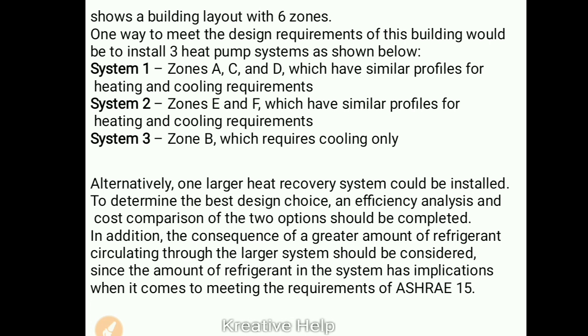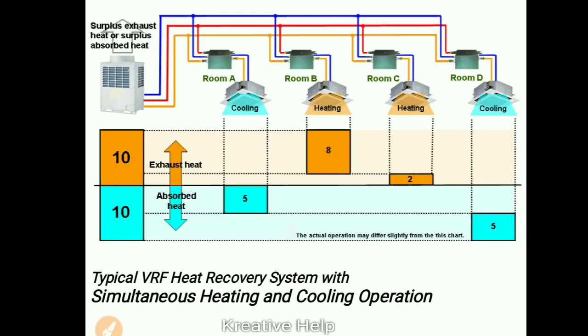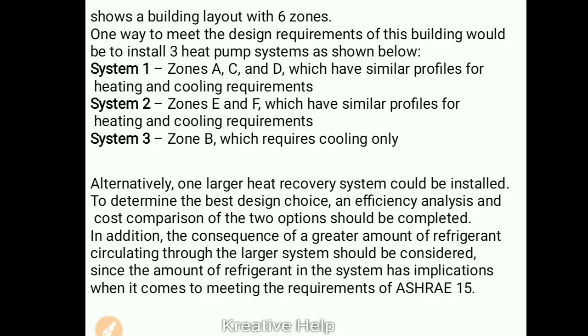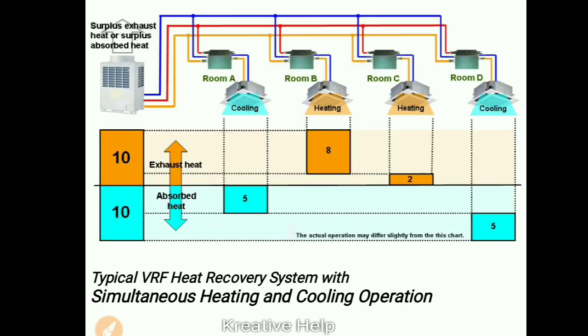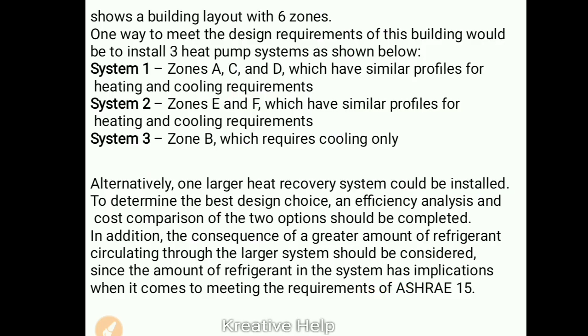So for the installation, a heat pump system, zones A, B, C, D. Zones A, C, D have a simultaneous heating and cooling requirement. E and F have a similar profile for the heating and cooling requirement, and B requires only cooling. So B requires only cooling.